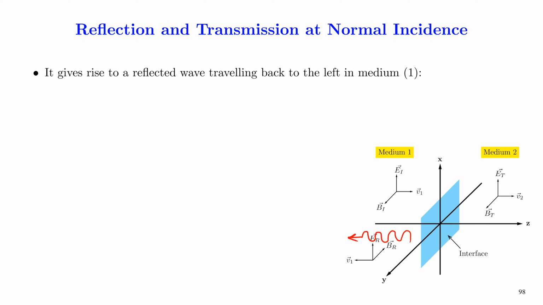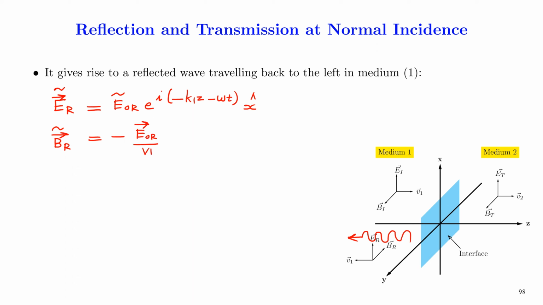Since the reflection is in medium 1 itself, we can write ER and BR as the reflected electric and magnetic fields, and then ER is equal to E0R, e raised to i (negative k1 z minus omega t) x hat, and then BR is negative of E0R divided by v1, e raised to i (negative k1 z minus omega t) y hat.